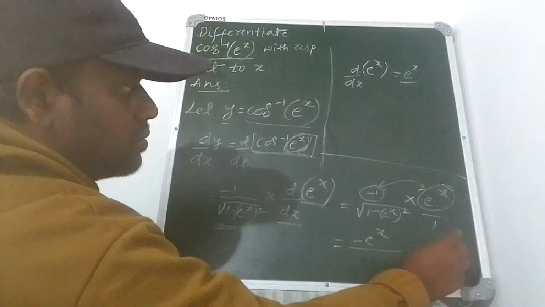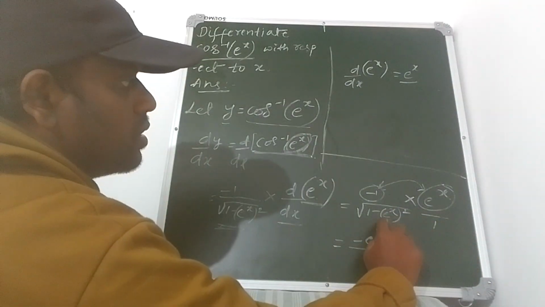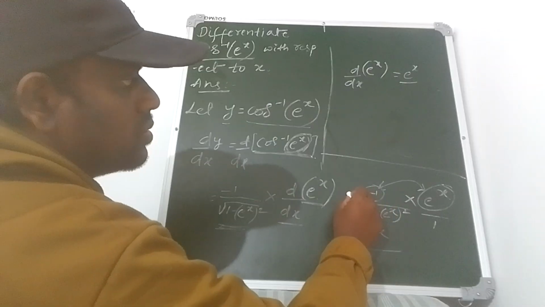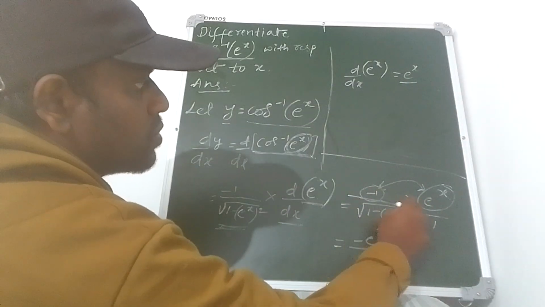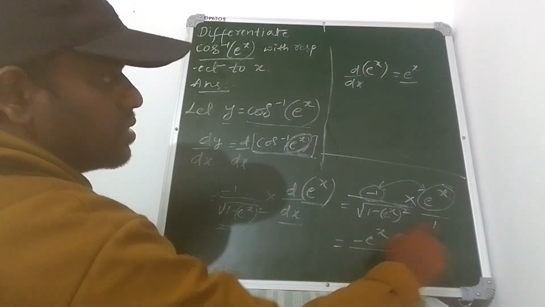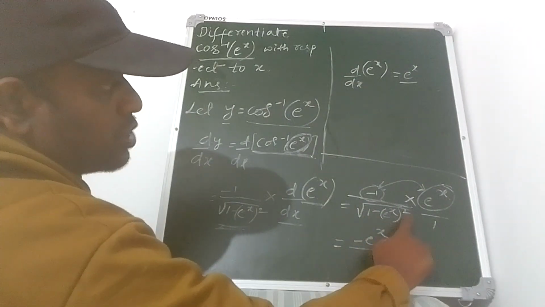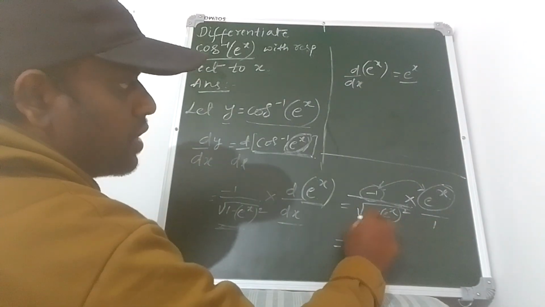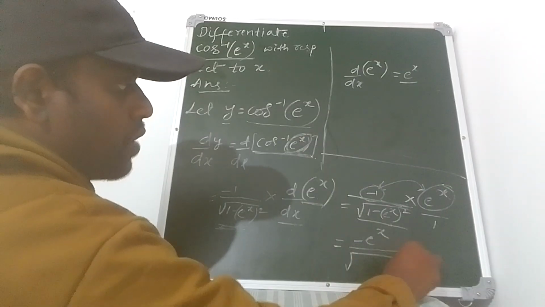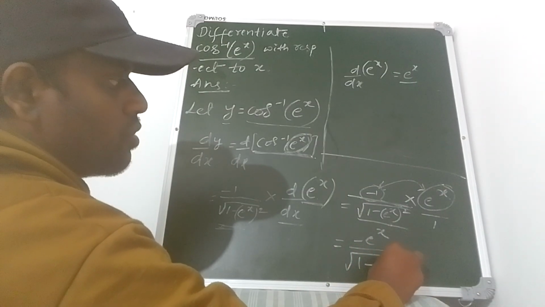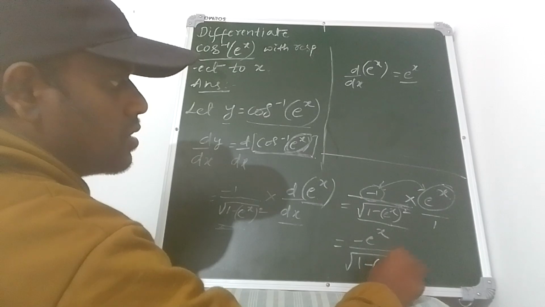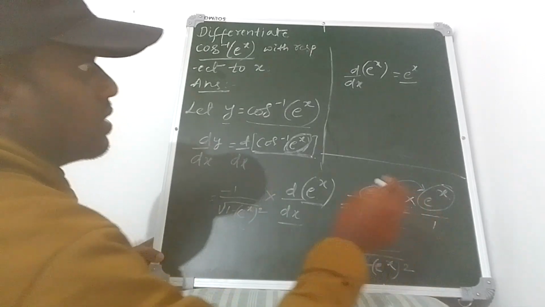Denominators: square root of 1 minus e to the power x whole square into 1, we get this only, square root of 1 minus e to the power of x whole square.